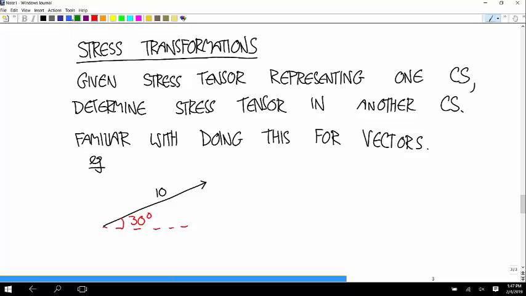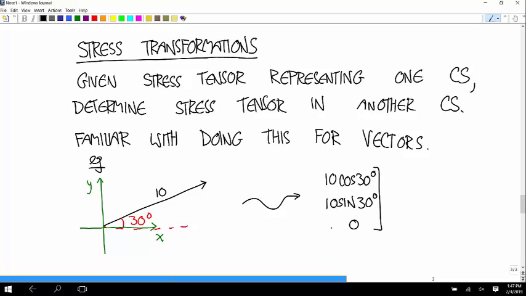And in a coordinate system like this, where that's the x-axis, that's the y-axis, the components of this vector are 10 times cosine of 30 degrees, 10 times sine of 30 degrees, and I'll put 0 for z since this is in the plane. And so this comes out as like 8.660, 5, 0.